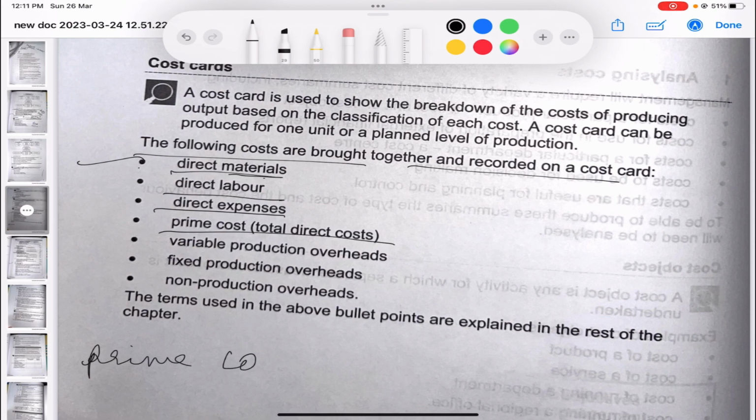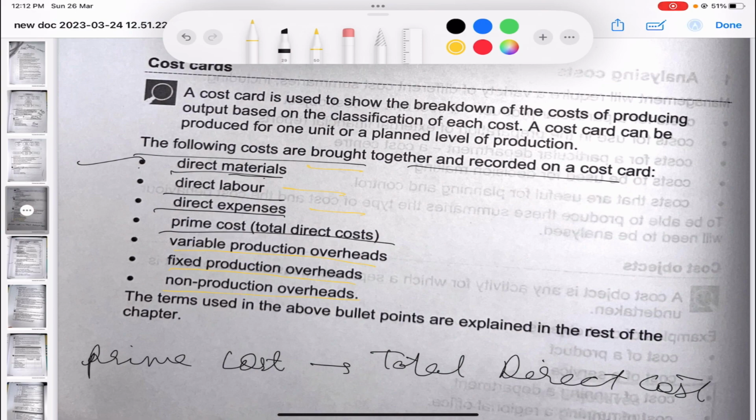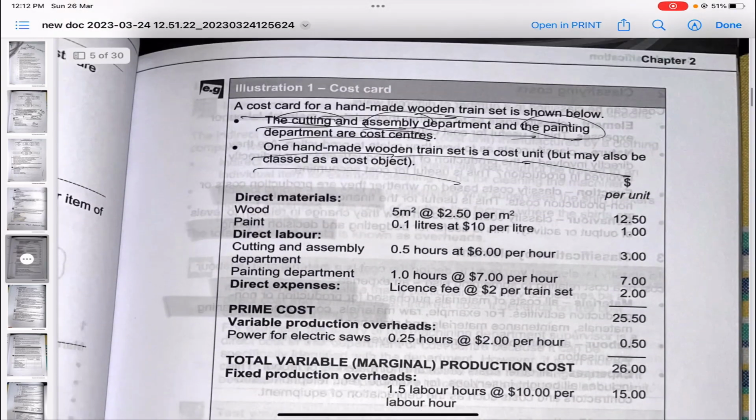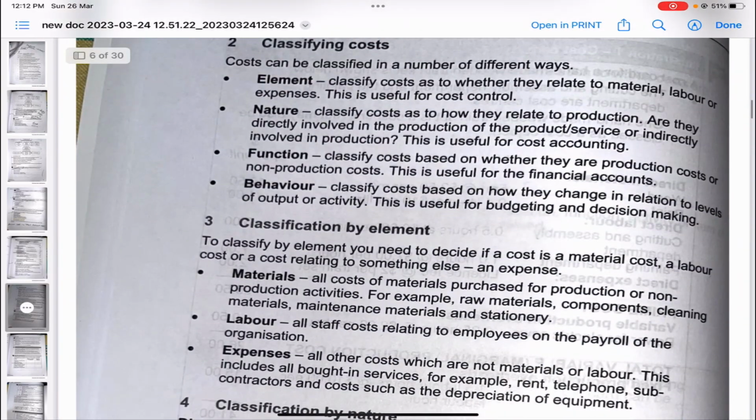Whenever we are talking about prime cost, it is total direct cost. Total direct cost is known as the prime cost. So direct material, direct labor and direct expenses, when you add all this, you get the total prime cost. Keep that in your mind. Then we have variable production overheads, fixed production overheads, non-productive overheads. We'll be going through them in detail.